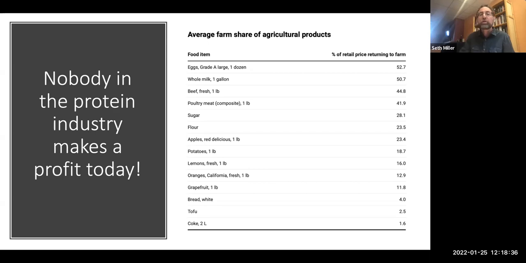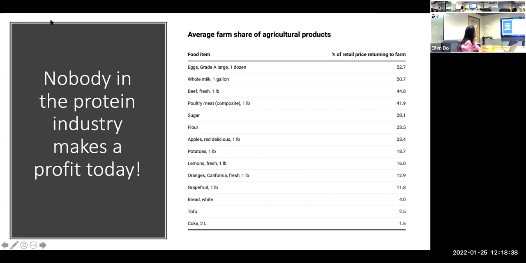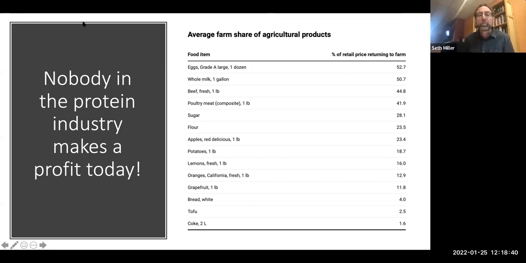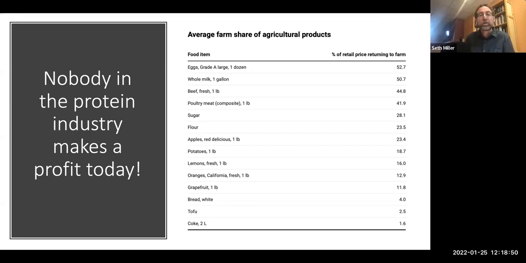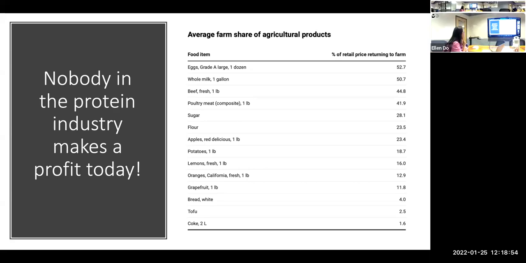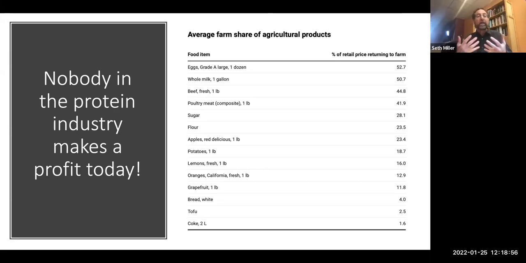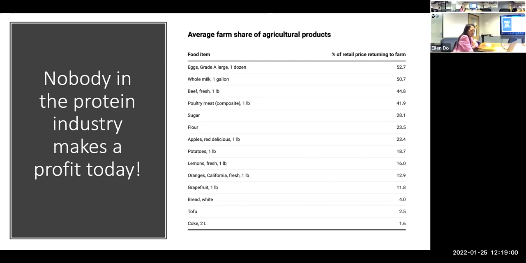You can see that beef has a much higher percentage than apples. That makes sense because we eat 5 times more beef by weight than apples, so you can imagine there's less profit that has to go to each step on a percentage basis when they have so much volume.